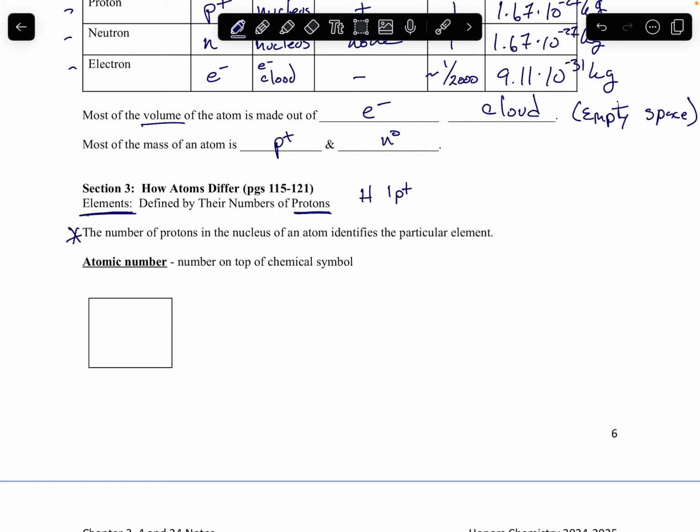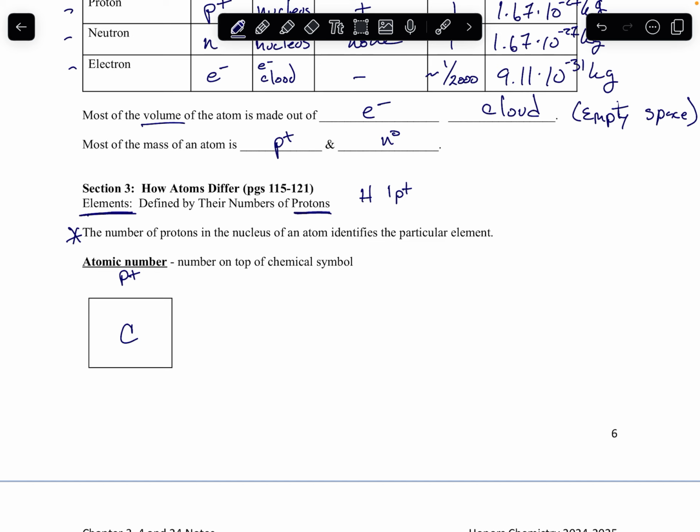The number of protons, we can also use that to identify its atomic number. So protons and atomic number are always the same. How can I figure out my atomic number? Well, if I look at the periodic table, I might find something like carbon, this big C in the middle. Depending on the periodic table, they might be in slightly different places.